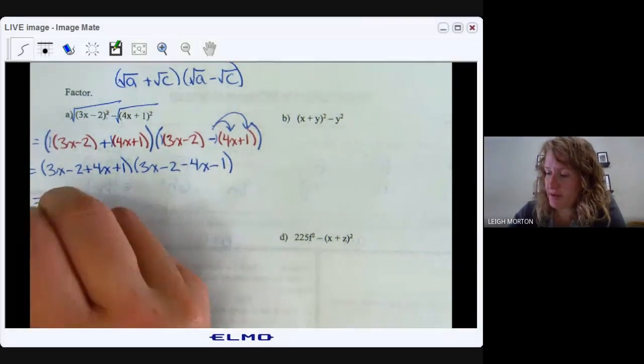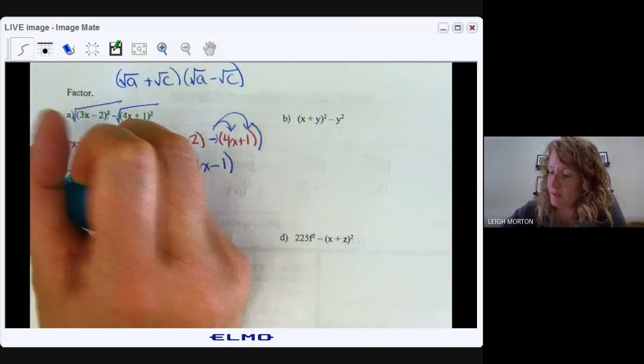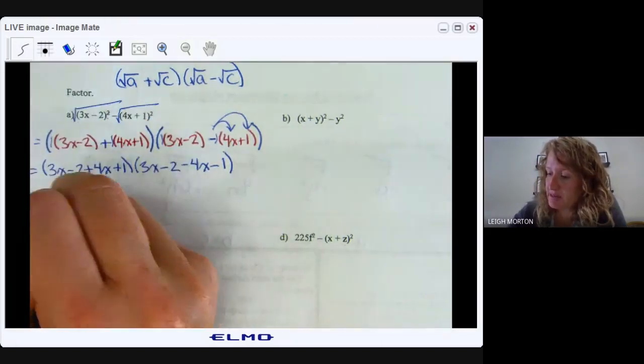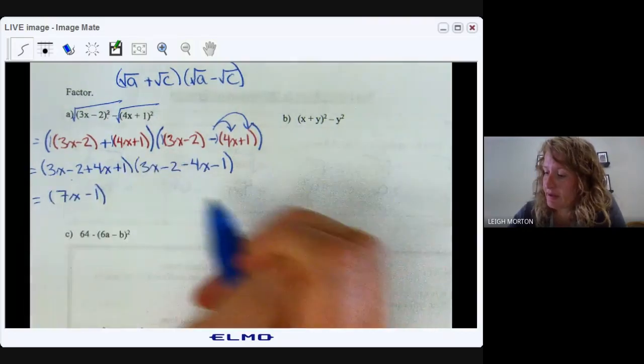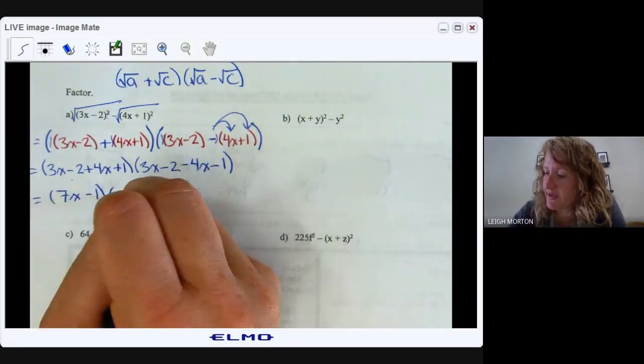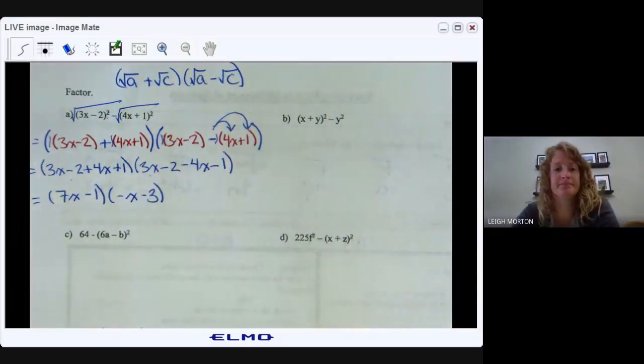Then I'm left with, not 3x, 3x plus 4x is 7x. Negative 2 plus 1 is minus 1. Negative x minus 3. And I'm done that one.